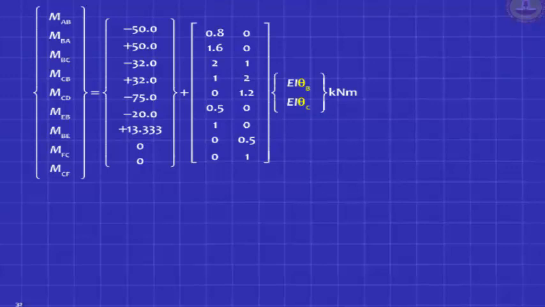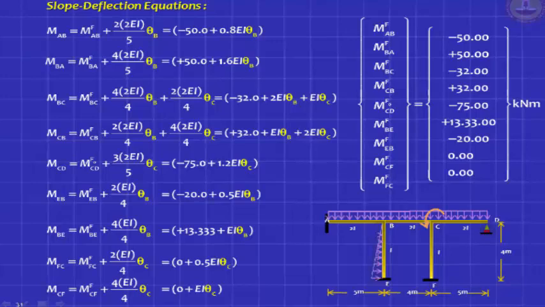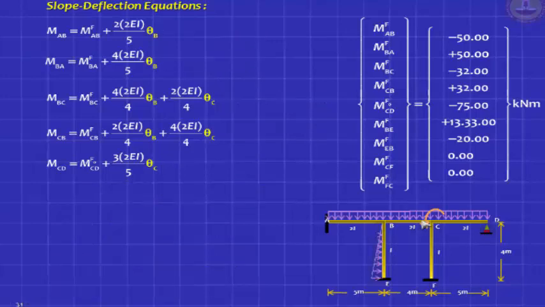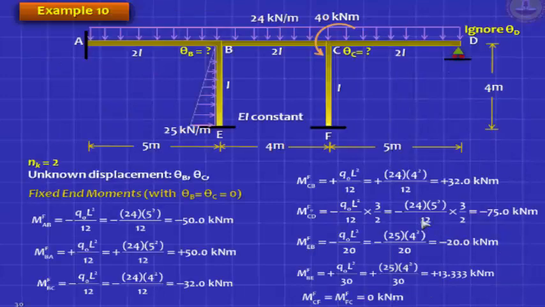So you got your stiffness measures, you got your fixed end moments, you have only two unknowns, theta B and theta C. How do you get them? You have to get the equilibrium equation. Now remember, there was a concentrated moment at one of those joints. If you go back to the original problem, there is a moment at C whose value is 40 kilonewton meter.